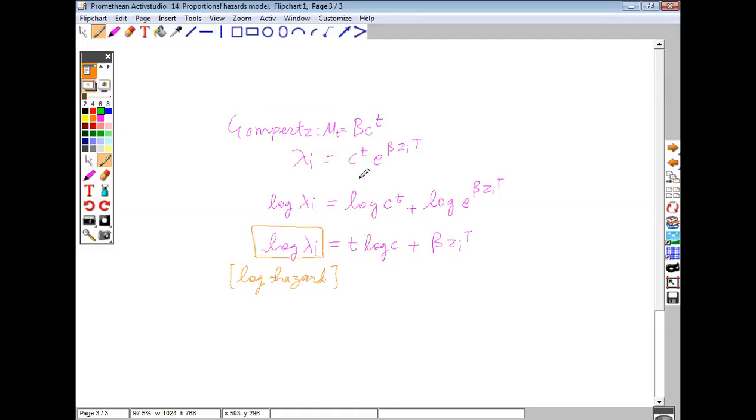So there's no t square. Here you had t in power. So what you can do is just regress this log lambda i on t, and you will get this thing as your coefficient and this thing as your intercept, let's say. So it's very easy for us to model.